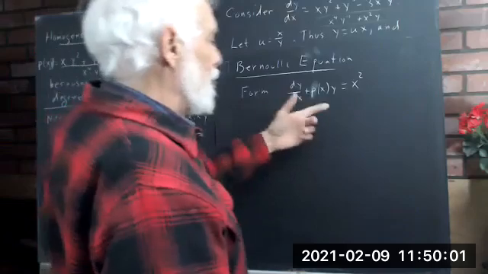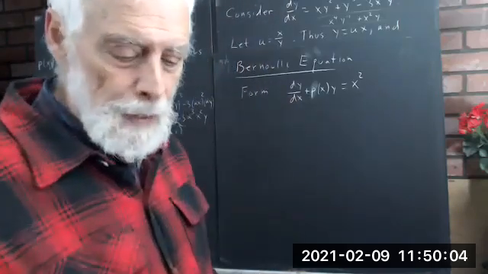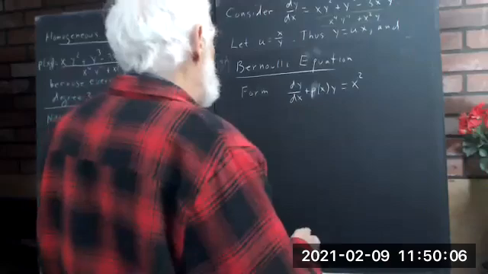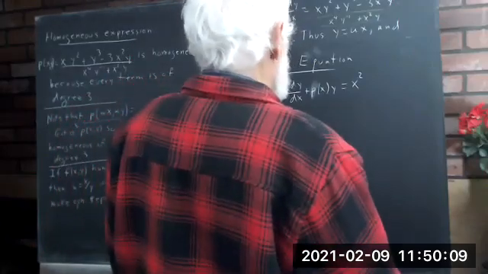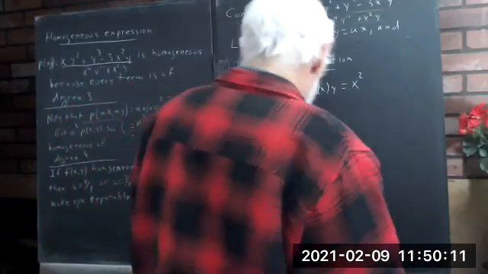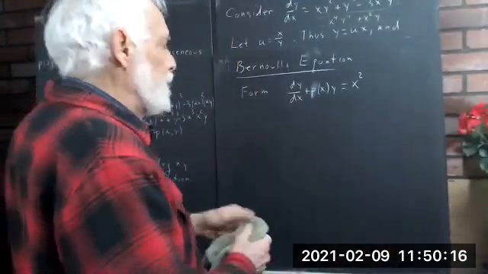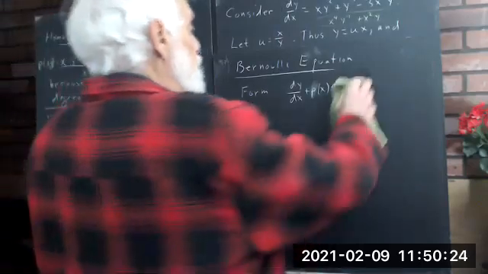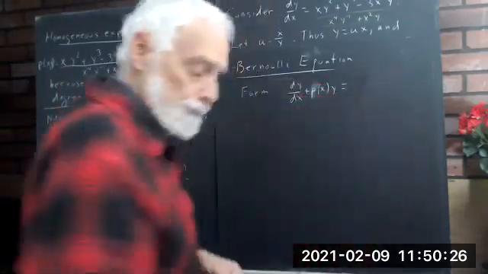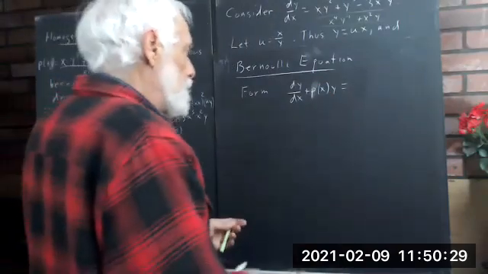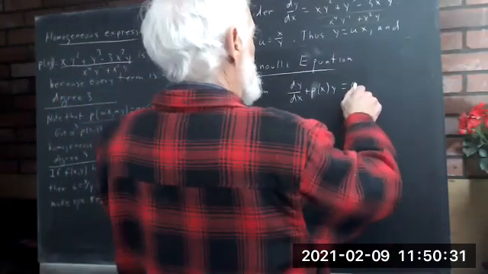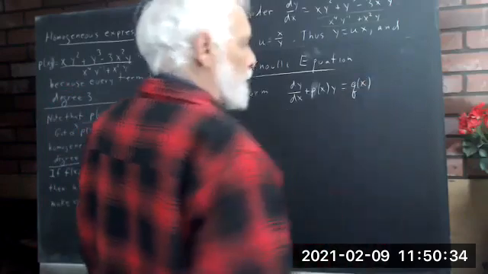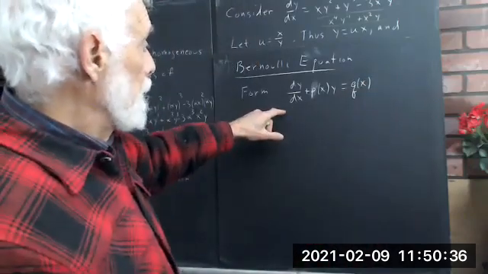Okay, that's linear. But now we throw some power of y in here. I'm saying the form is this, and making this a specific function of x. It doesn't give you a form, it gives you an example. I forget what your book uses, but I generally use q of x.